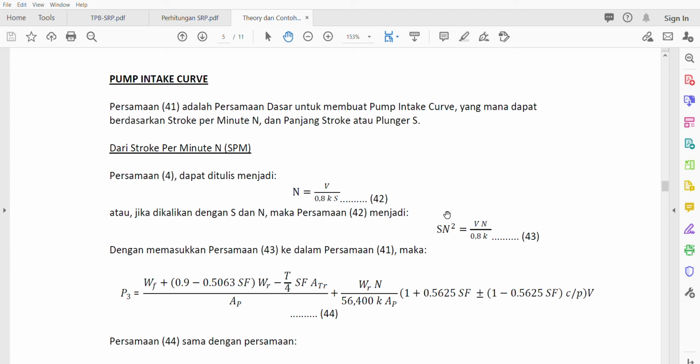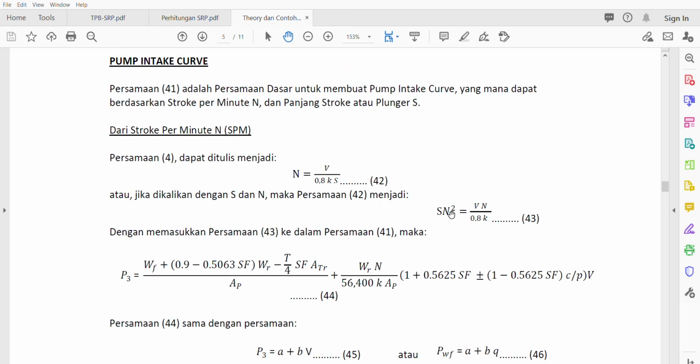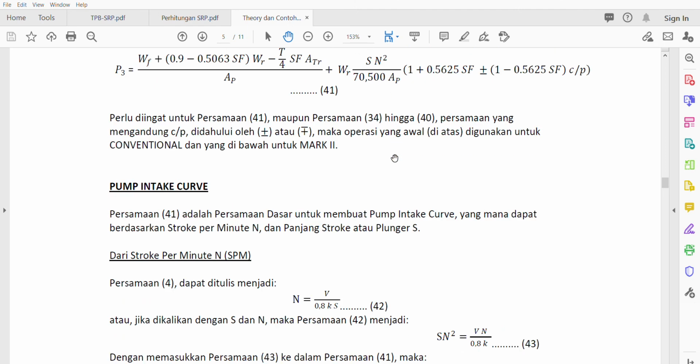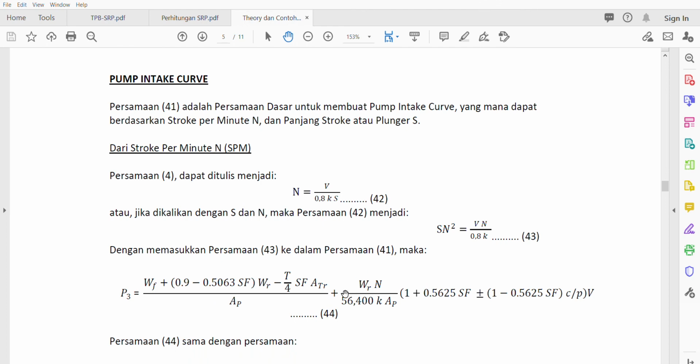Okay. So if we have Sn square in here, and then we replace it with this equation, we end up with this equation, 41 and 43. Okay.